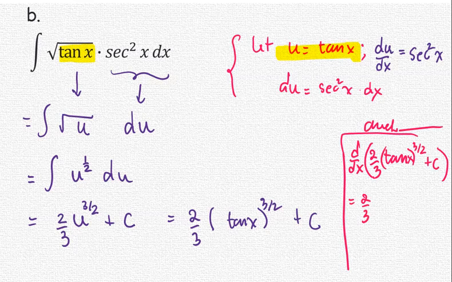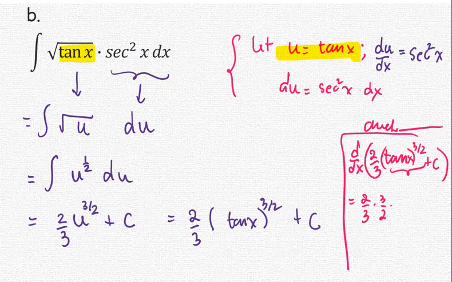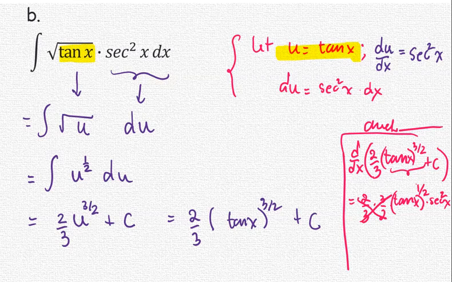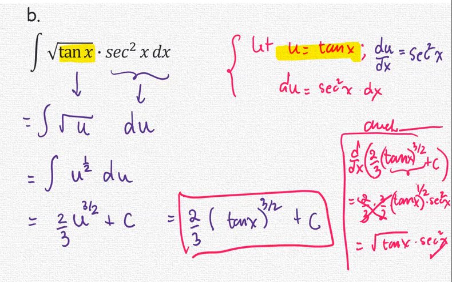The constant multiple 2 over 3 multiplied by the derivative using the chain rule: 3 over 2 times the quantity tangent x to the power, which is reduced to be 1/2, and multiplied by the derivative of the inner function, which is secant square x. 3 and 3, 2 and 2 reduce. So now we get square root of the tangent x multiplied by secant square x. Checked. We get the right answer. And the answer is 2 over 3 times the quantity tangent x to the power 3/2 plus c.